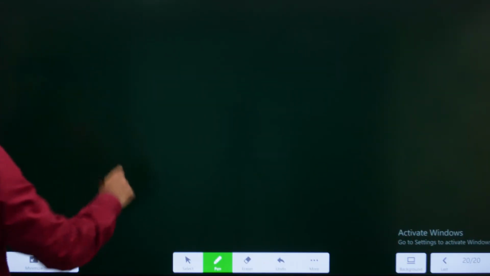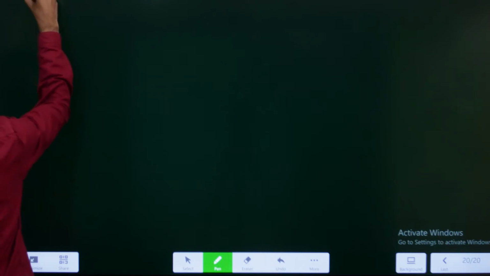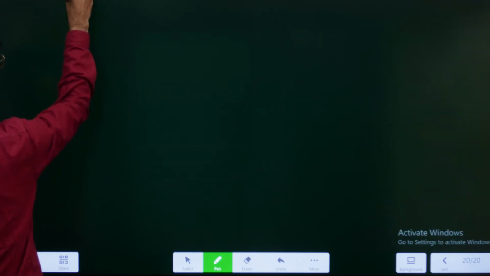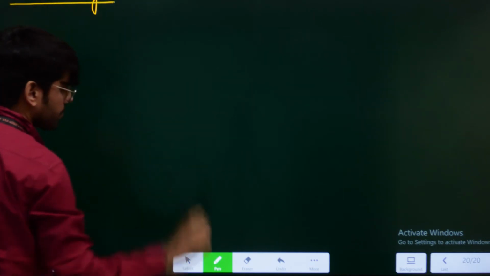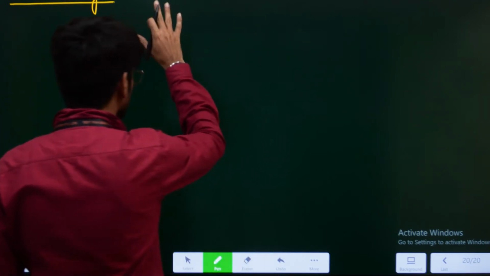Next application is solubility. I'm going directly to the trick.